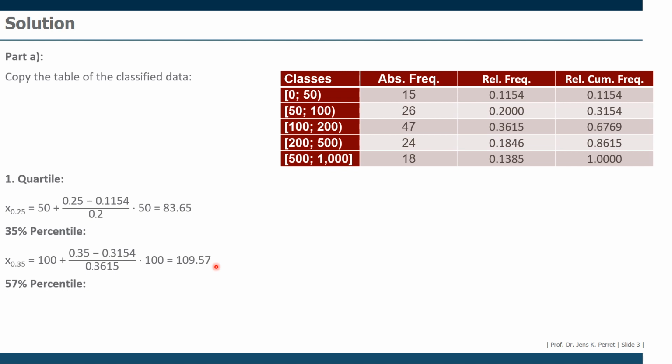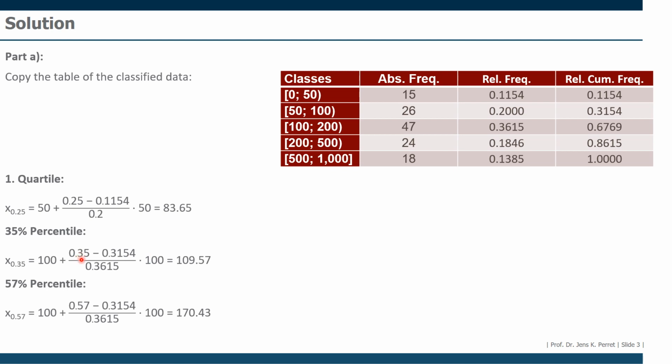Then, the third value, we also have to go with the 57% percentile. Well, if we look closely, that's the same class as before, so it's still the third class. So we have the same starting value here, but instead of the 35%, 57%. All the other values are exactly the same because it's exactly the same class.